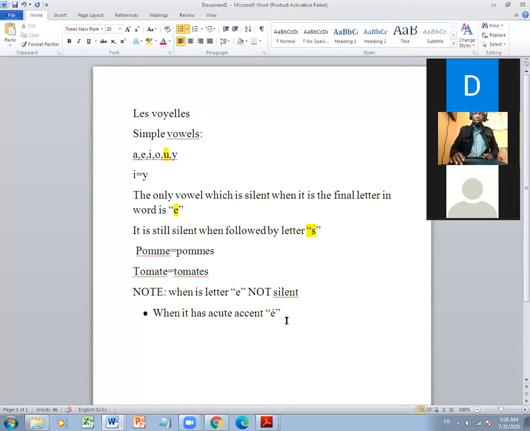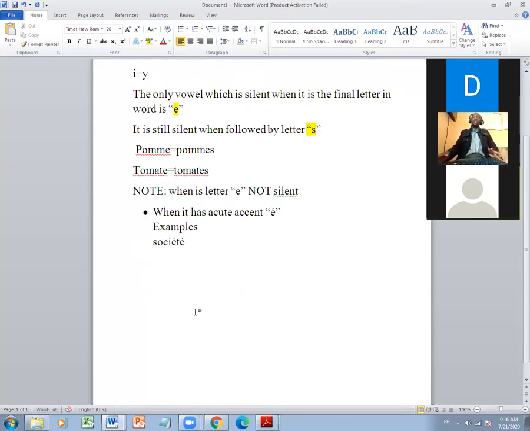Examples. We have a word like this. You see that word I've written? Try to read it. Remember the vowels.